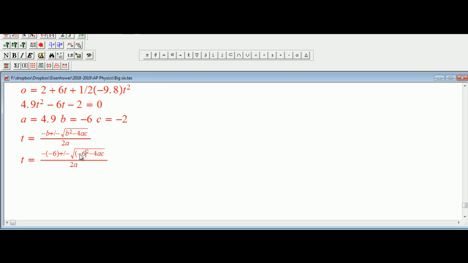This becomes 4 times 4.9, parentheses, my c is minus 2, and everything divided by 2 times 4.9. When I take a quadratic equation, you get two solutions, so I'm going to get rid of the plus. Let's get the first solution first: 1.57.